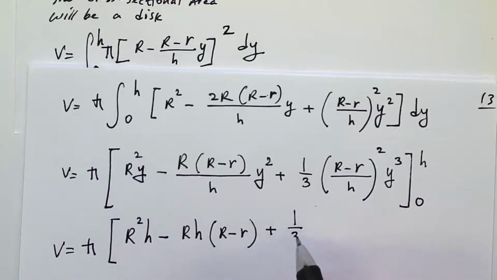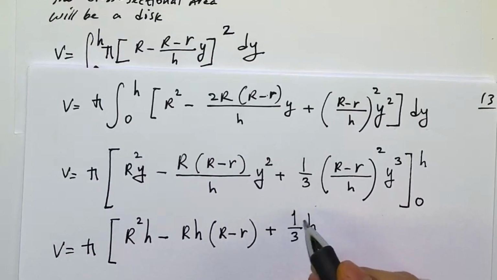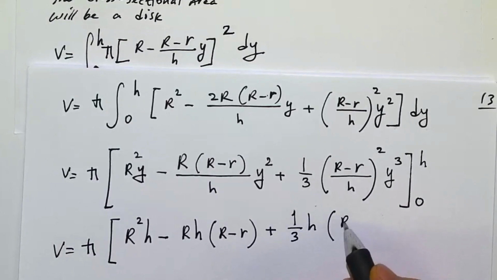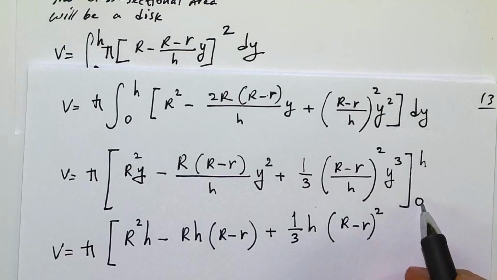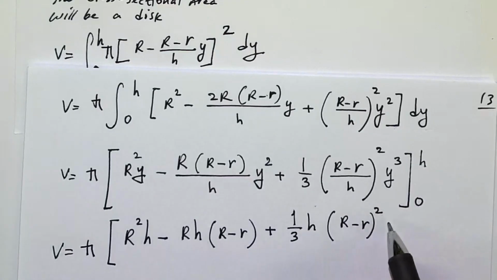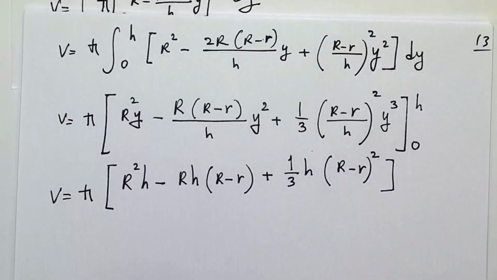So 1/3 h times this quantity, after simplification. And 0, of course, will make all those 0. So we're good there. We don't have any more terms after that.